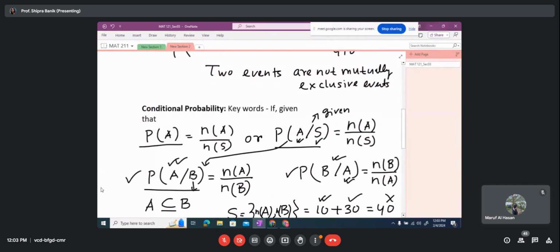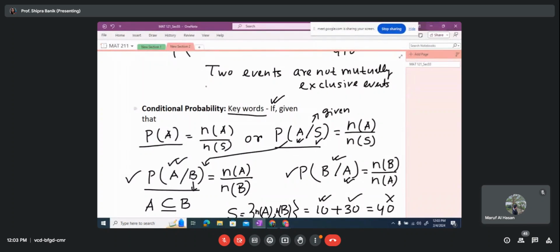Now any question? I'll write the formula. I just gave you the concept. Conditional probability: how do people understand it? Have a look at the keywords. If is a good condition, because if you get 90 or more, your grade will be A. There is a condition given.